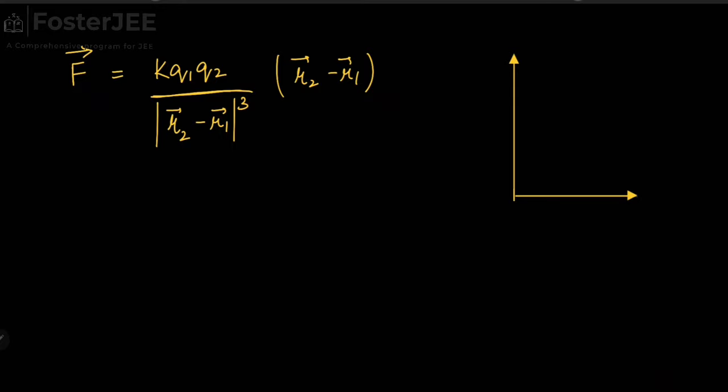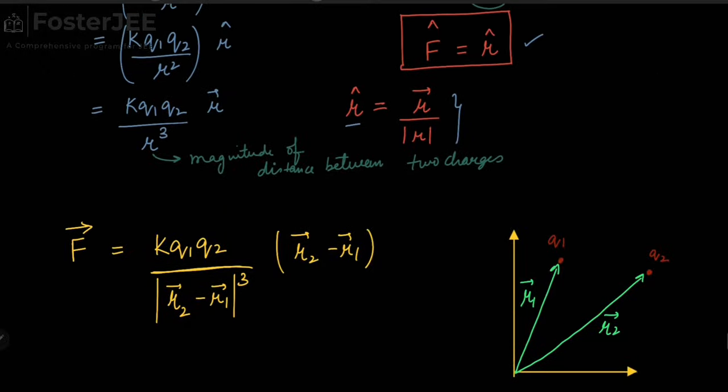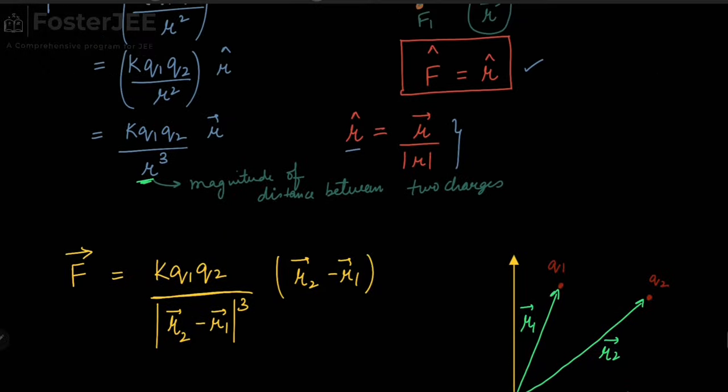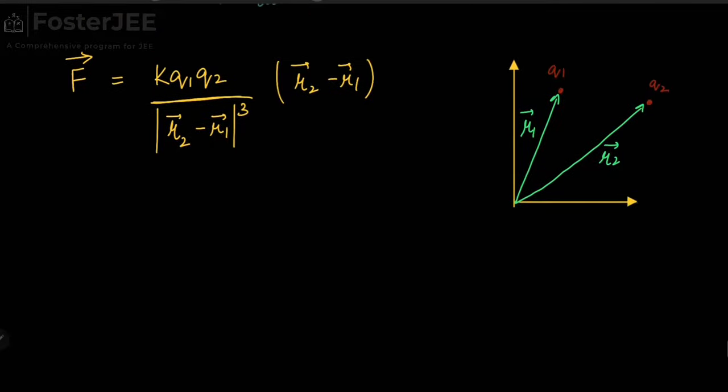Understanding this from the figure, suppose here we have one charge q1 and here we have another charge q2. Suppose the position vector of this charge is r1 vector and position vector of this charge is r2 vector. Now the distance between the two charges is r as per our derivation, so we will write this distance to be r vector.